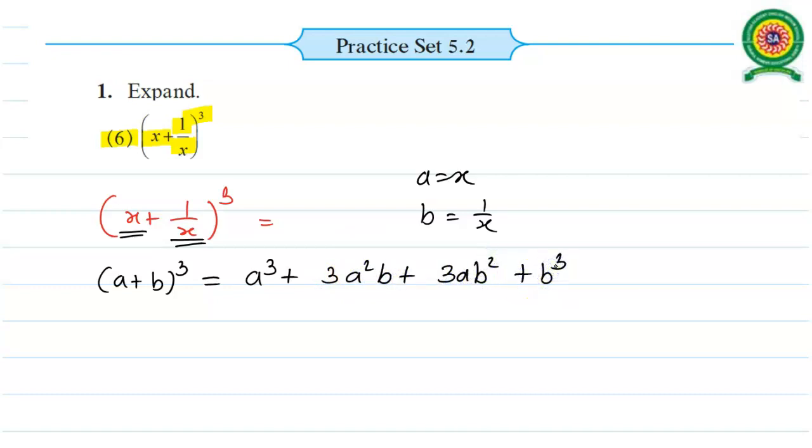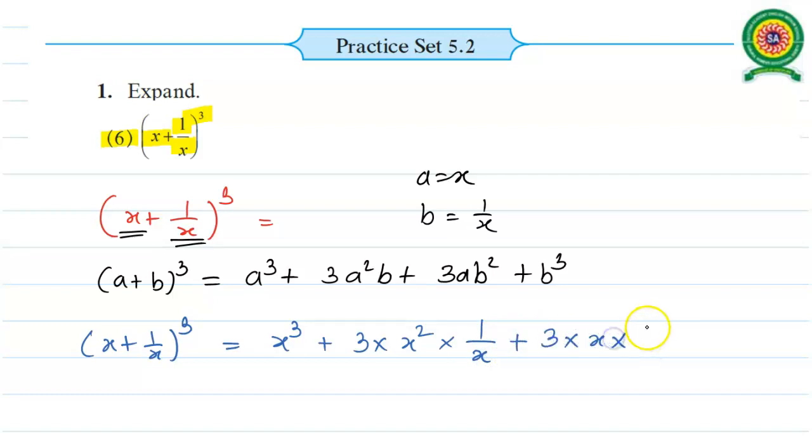So try to replace now a and b by their value, so that we are getting x plus 1 upon x the whole cube expansion is of the form, a value is x, so x cube plus 3 into a value is x, so x square into b value we have 1 upon x, plus 3 into a is x and b is now 1 upon x the whole square, and plus b cube, now we have 1 upon x the whole cube.